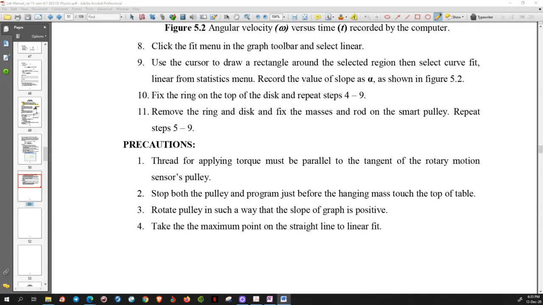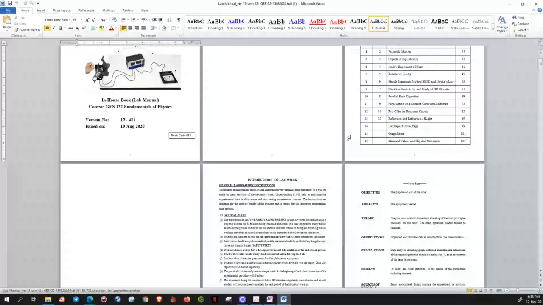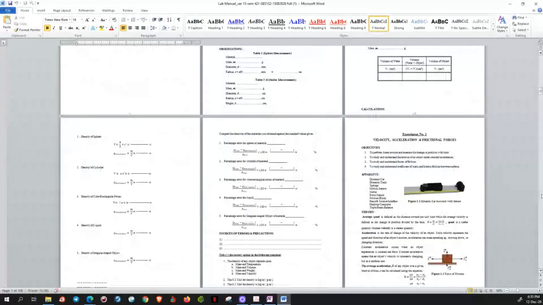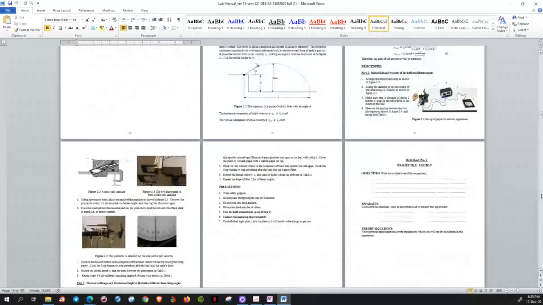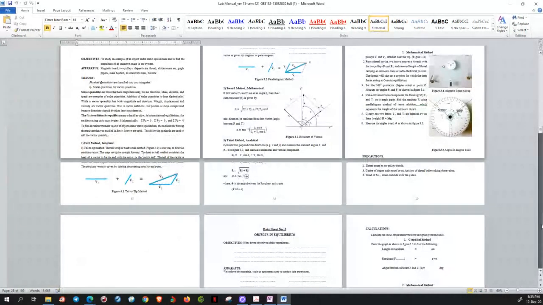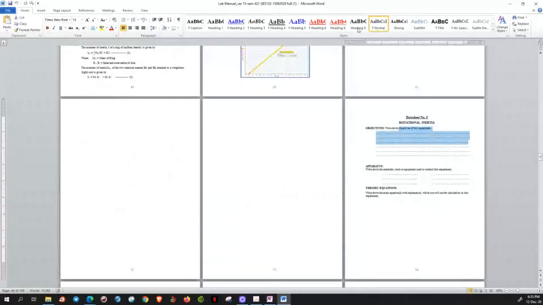Let me just open the Word. Okay, so this is the Word file. This one is more complete. I like to use the PDF because it's faster. Okay, here's the rotational inertia datasheet.